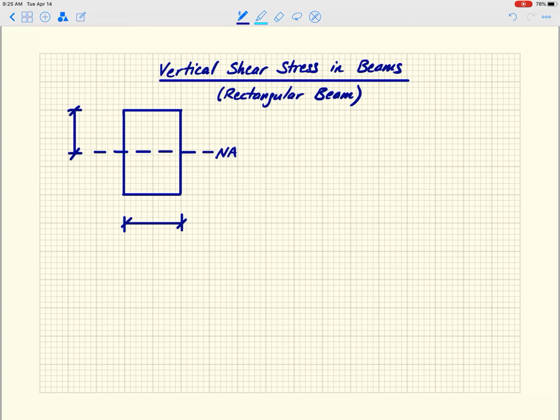We're still going to use the shear flow, little q equals VQ over I, but we're going to do it now to estimate the vertical shear stress. Let me remind you, if you go back about two lectures, one of the things we talked about, let me draw them in the positive sense, was our positive sign convention for stress.